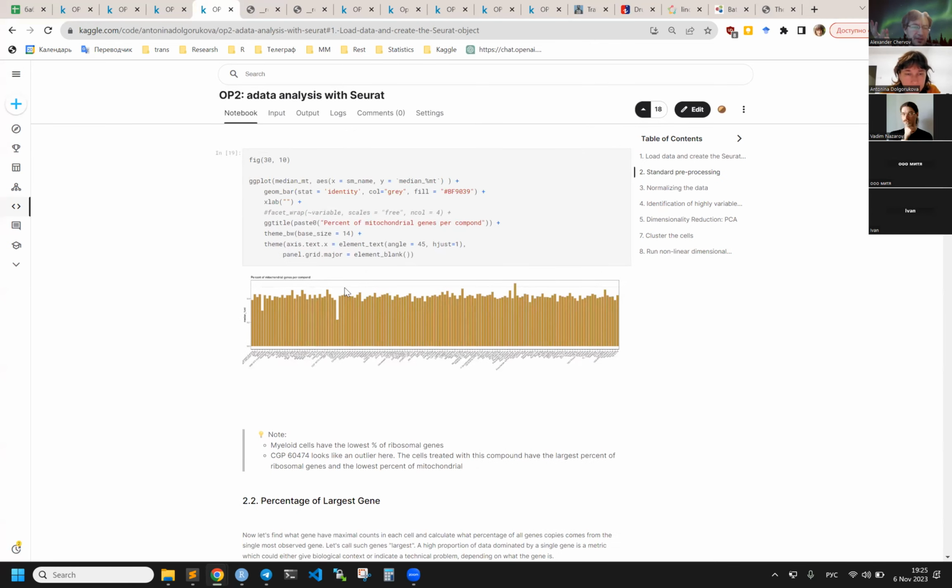Because when mitochondrial genes are at a high level, that means the cell is dying, which is very bad. So when it's low level, what should it mean? Maybe nothing, maybe the cell is very healthy. Actually, I have not seen this.